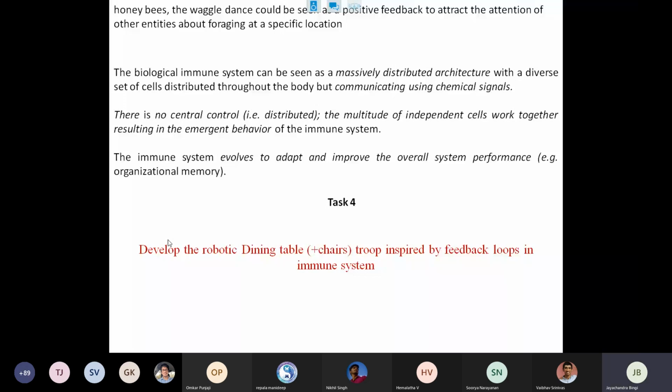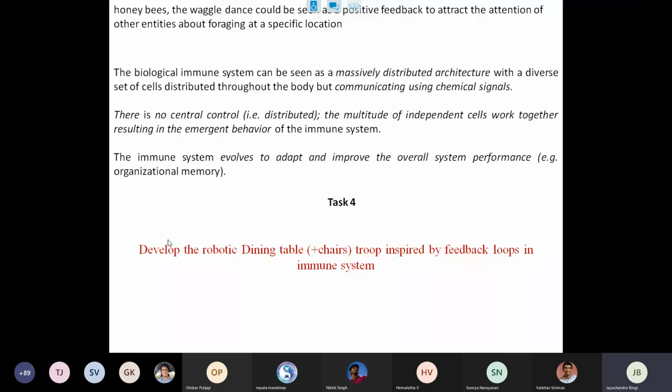Then, inspired by feedback loops in the immune system. Okay. So immune system, leave it. You just tell me, if you get inspiration from the immune system also, I'm okay with that. But in the immune system, here I gave 3 points. Please remember.